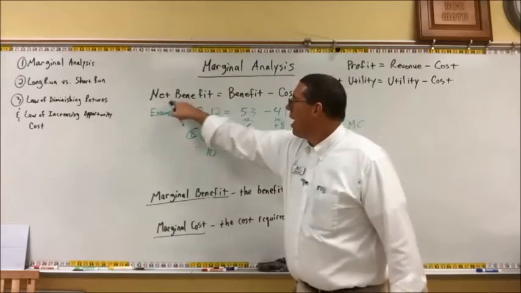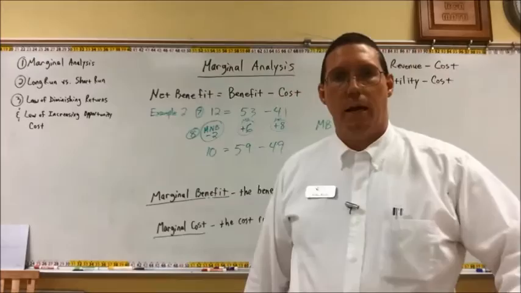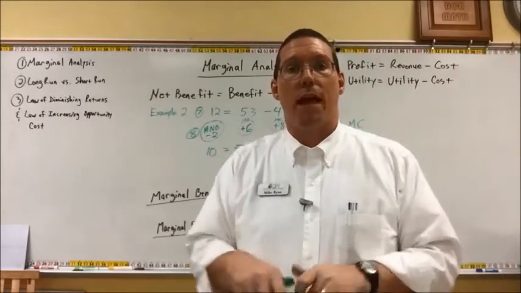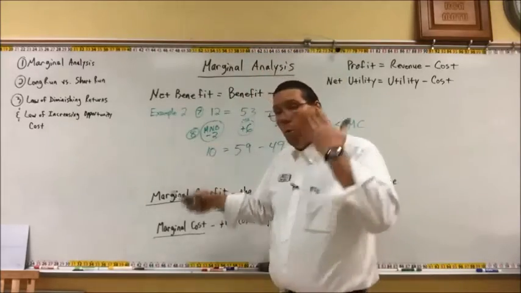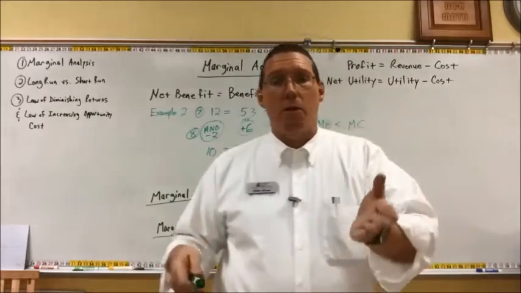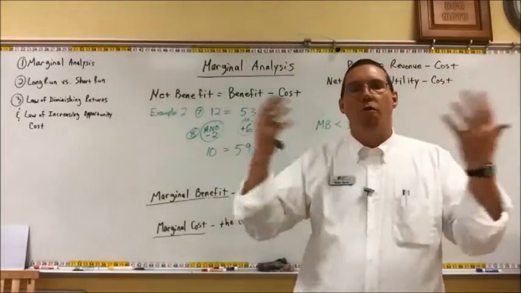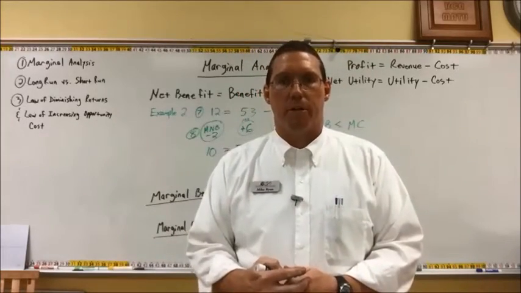What happened to our net benefit? It went from 12 down to 10. So we were satisfied and satisfied and satisfied, more and more satisfied eating these wings, but when we get to the 8th wing, we feel like eating an 8th wing is actually going to decrease our overall satisfaction with where we are in the world at that particular time.